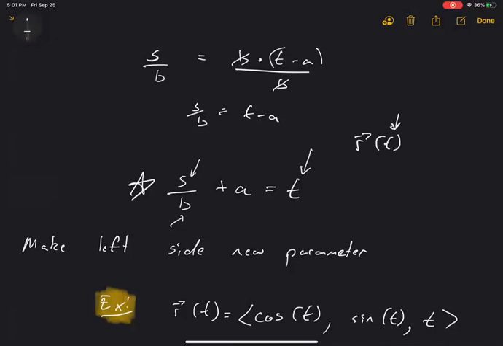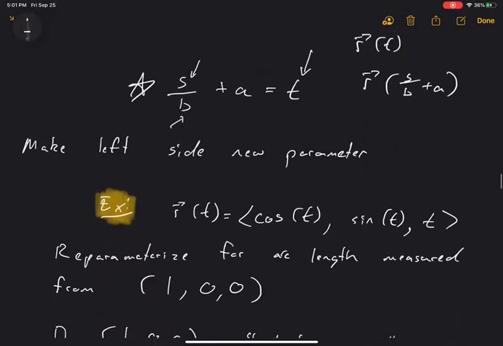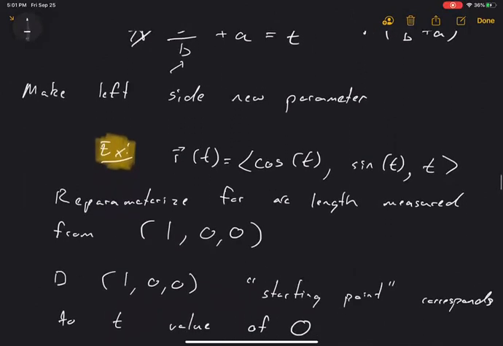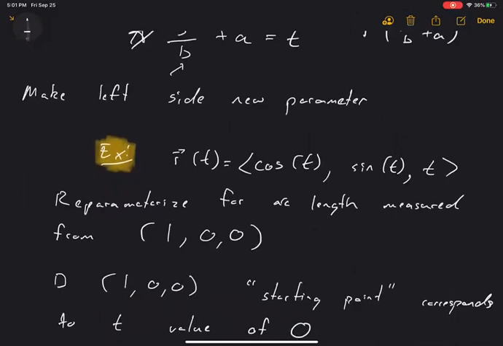So I can replace that t with s over b plus a. And now s is the arc length. So now this vector valued function is written in terms of arc length. Okay. So that's how you reparameterize in terms of arc length.